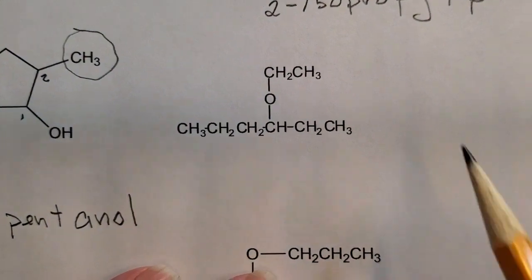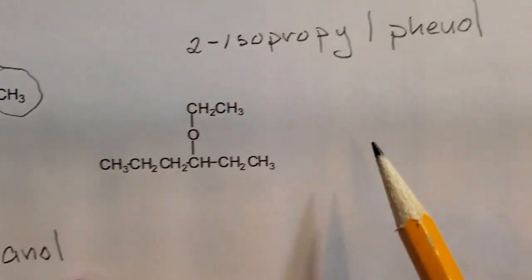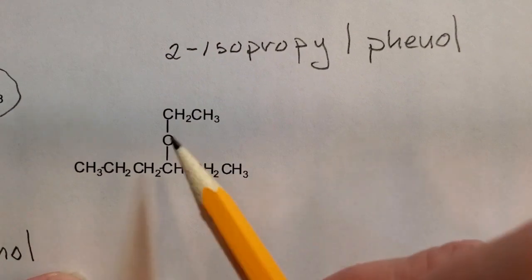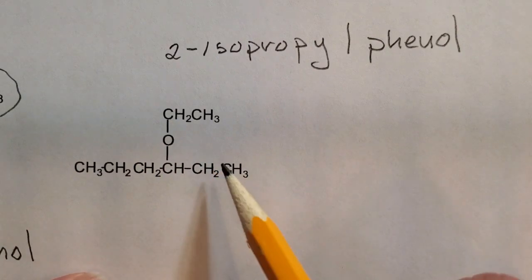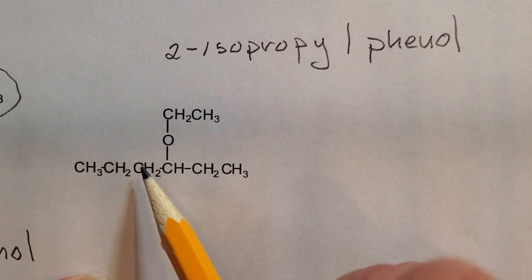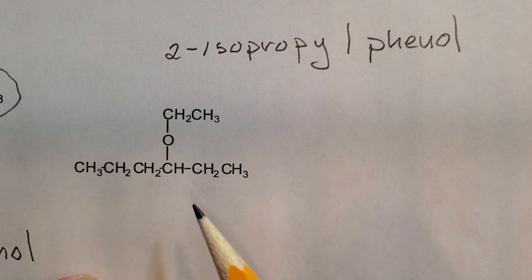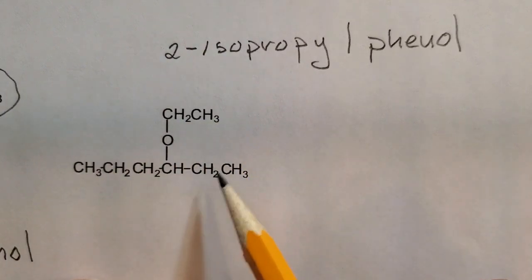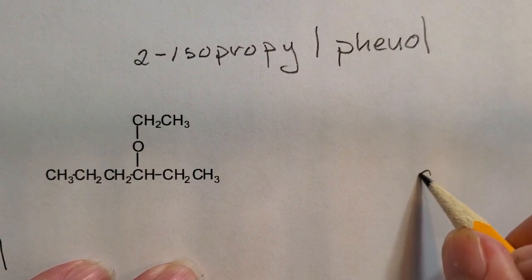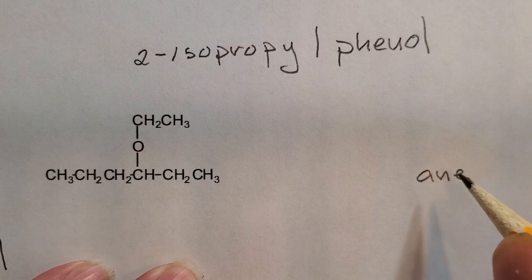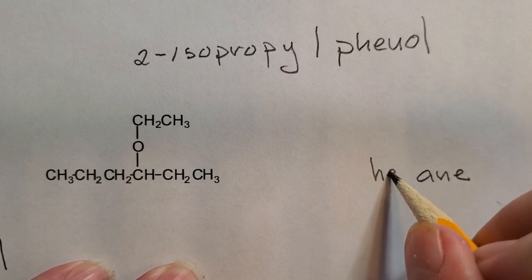All right, so let's try this one. So it's an ether. It has oxygen with carbon on either side. The longest chain is 1, 2, 3, 4, 5, 6. So it's 6, and it's going to end in ane. 6, which is hex.